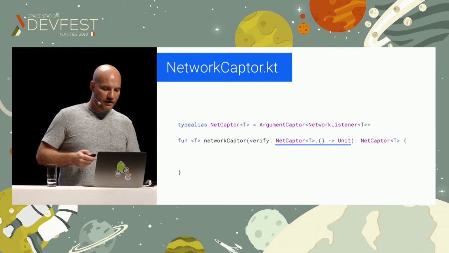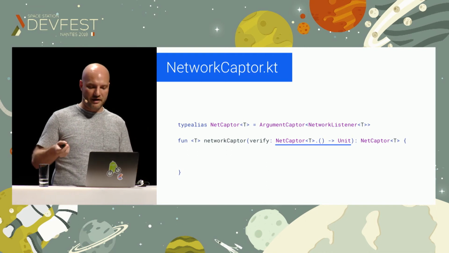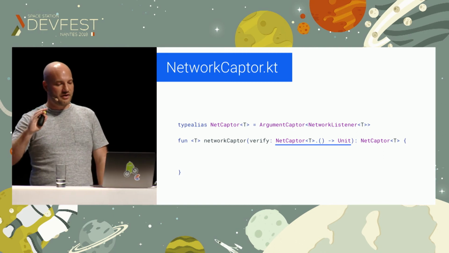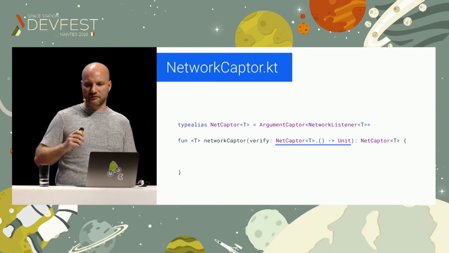So now we'll define a network capture function. We can use the type alias, and we're going to simplify the repetitive code, as well as give it a little bit more semantic meaning. So network capture takes a function argument called verify. Now, verify is any function that takes no arguments and returns unit. Well, that's what we saw before.